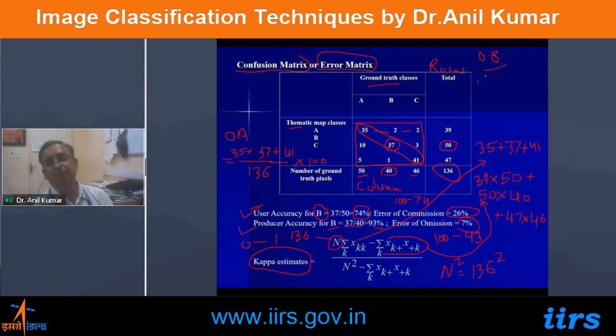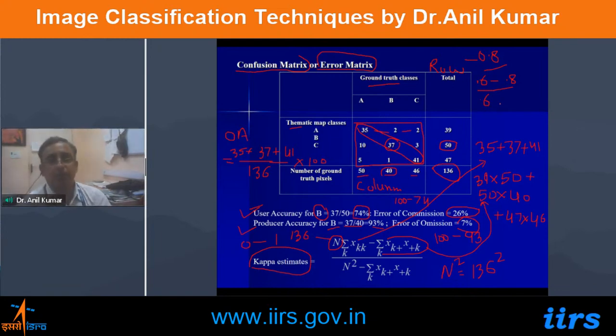If it is 0.6 to 0.8, then it is good. And if it is less than 0.6, it is a poor accuracy of the classified map. So this way you can do the interpretation.